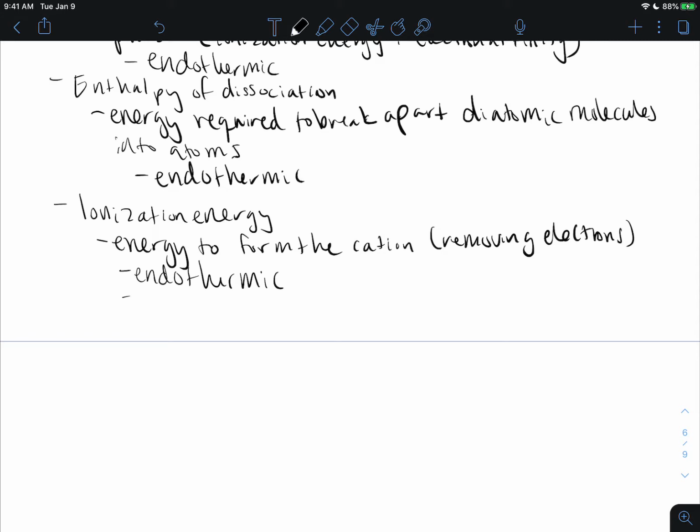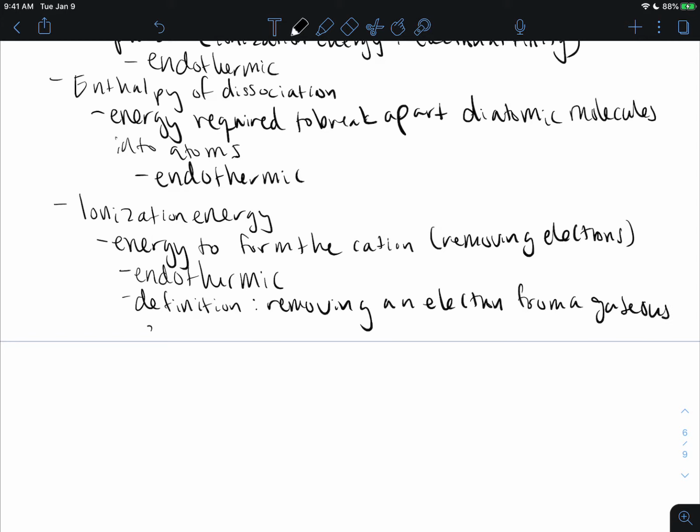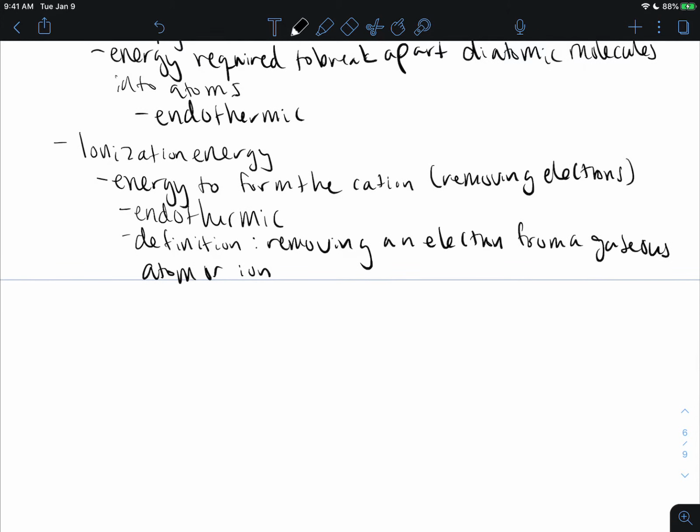As a note, a reminder of the definition, it is removing an electron from a gaseous atom or ion, which is why we have to be in the gaseous form for everything. Next is our electron affinity. And that's the energy associated with forming the anion.